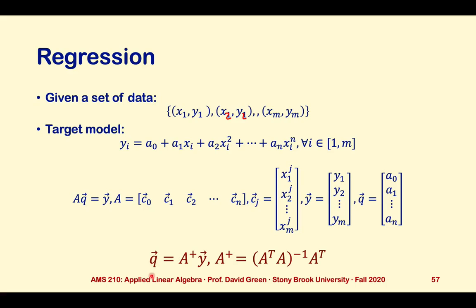And we find this with a least squares solution of pseudo-inverse multiplied by y, where the pseudo-inverse of course is A transpose A, all inverse, times A transpose. A standard least squares solution to an inconsistent linear system. So really the problem we're going to have for each of these different types of fit is constructing A in the right manner.